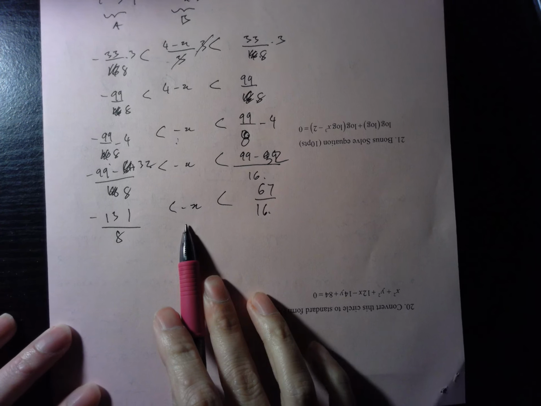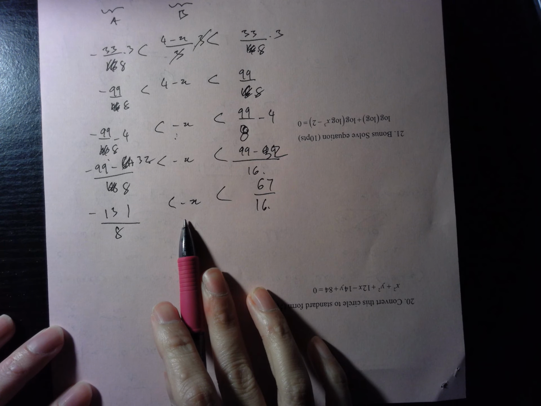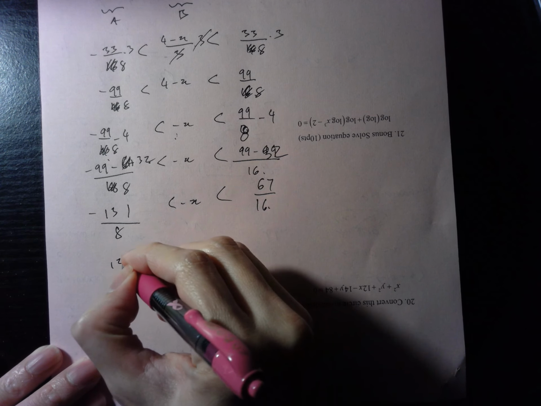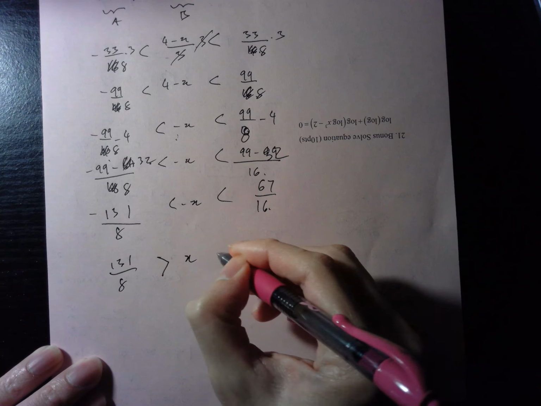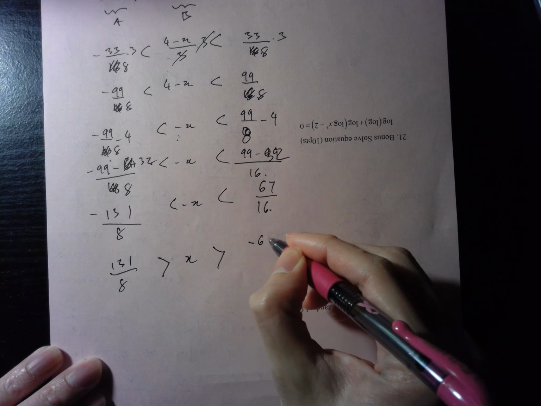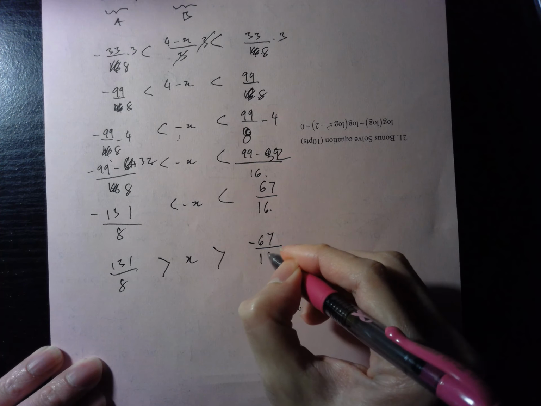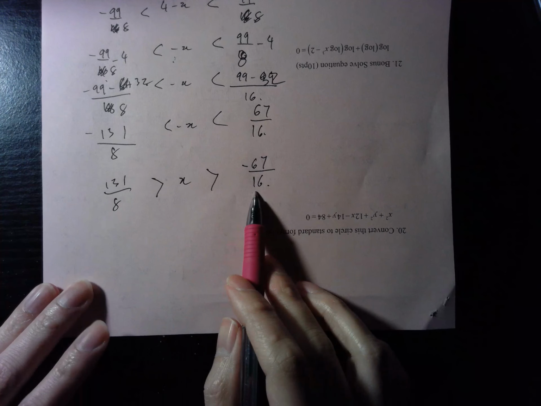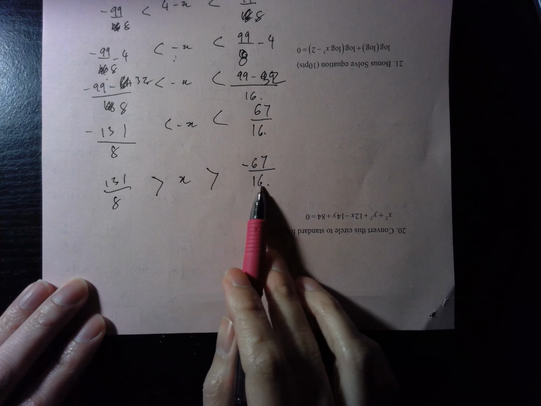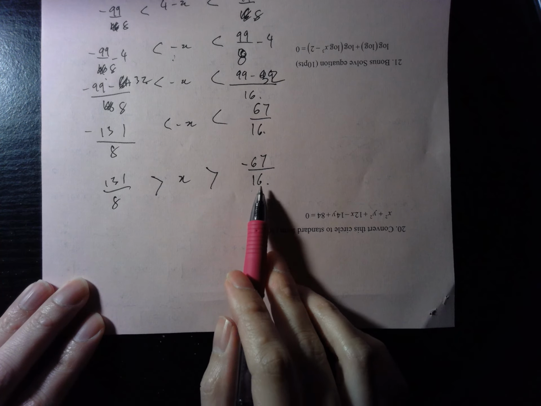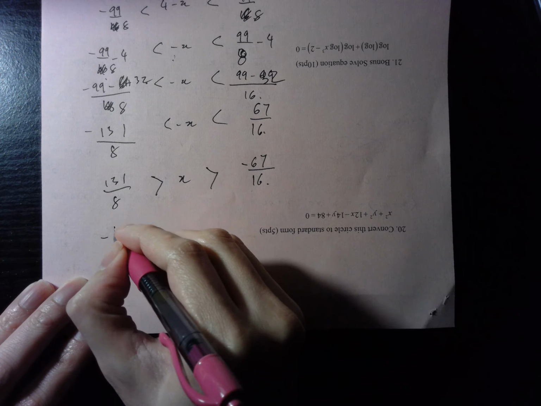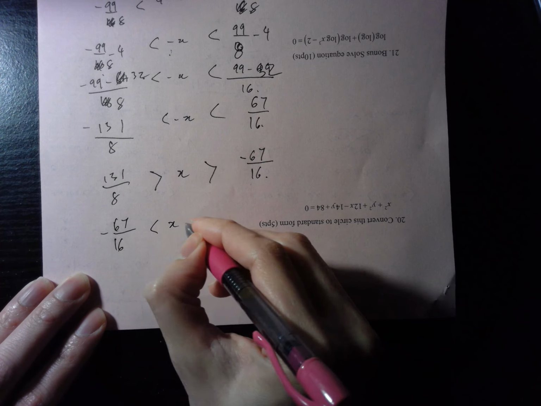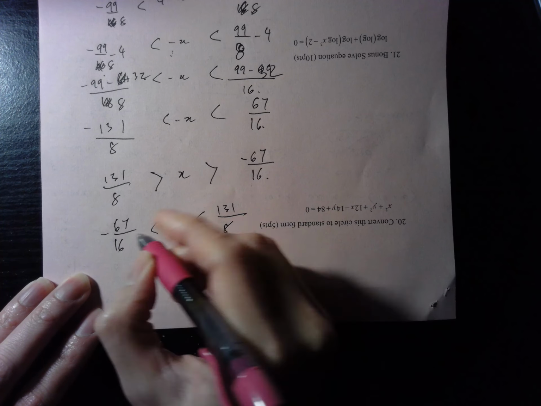I divide both sides by negative 1 in order to get rid of the negative, and every time I divide by a negative I flip the sign, so I get 131 over 8 greater than x greater than negative 67 over 16. Okay, and I can reorder the position, because the smallest number is always on the left hand side, so I have negative 67 over 16 less than x less than 101 over 8, and this is your answer.